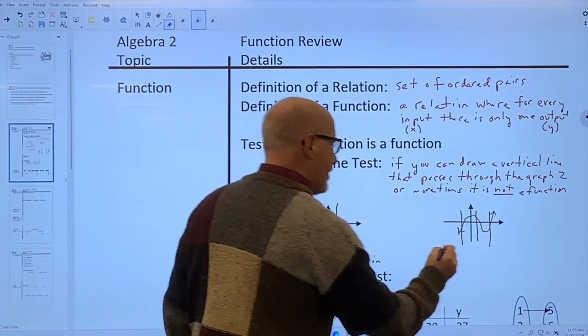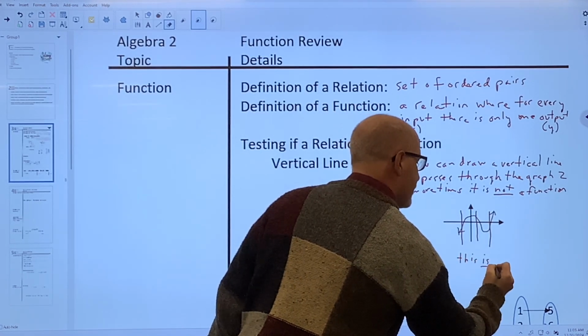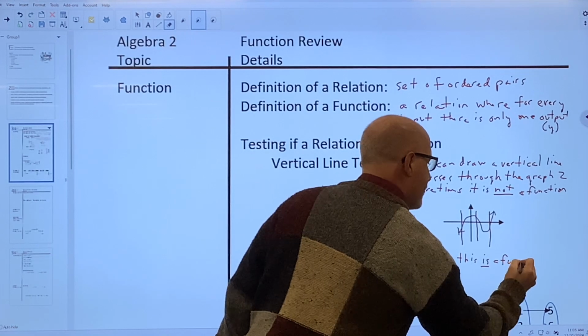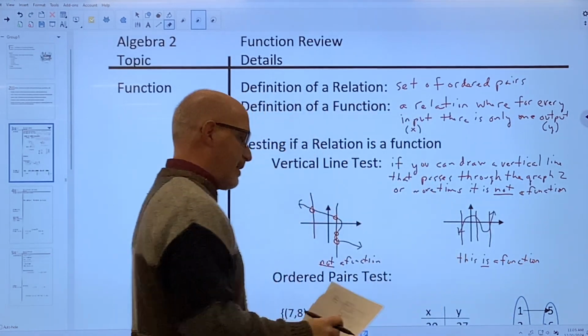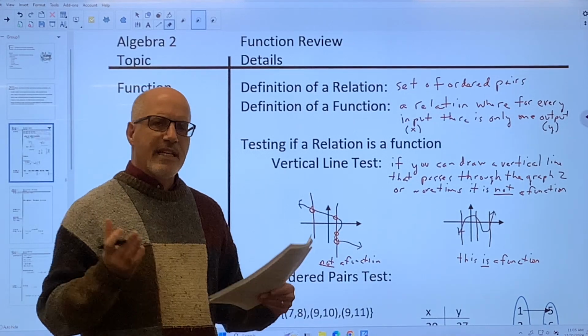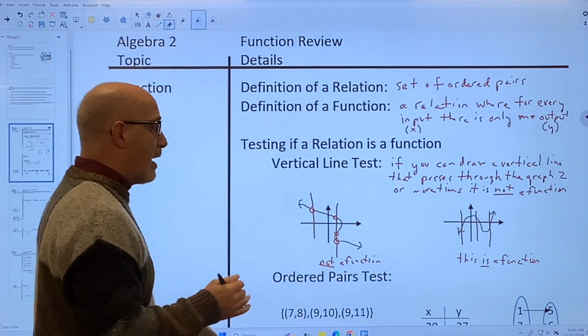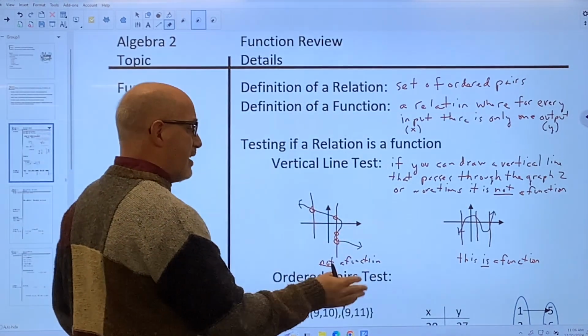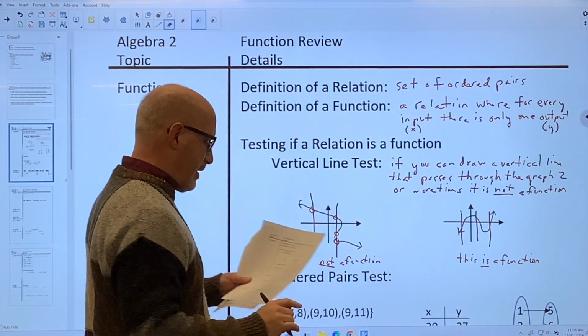So this is a function. It passes the vertical line test. So basically the vertical line test either passes or fails. If it passes and does not hit the graph twice, it is a function. If it hits it 2 or more times, it is not a function.